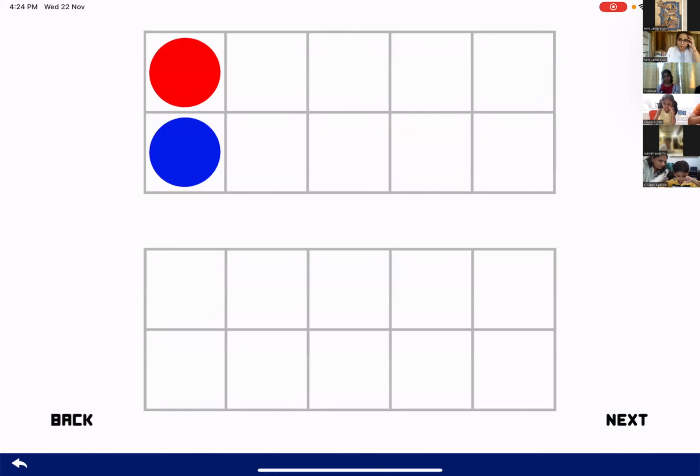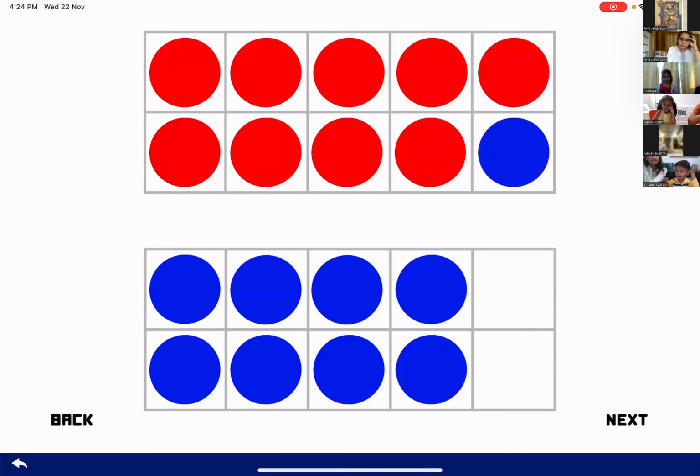Okay. Now, mummies, I want to explain something here. Can you see that the colors are different? There is significant importance given to this particular color combination. We will not say that it is a 10 and 8 right now, though they are saying so and it's okay. We will say it is a 9 and a 9, because there are 9 dots as red and 9 dots as blue.